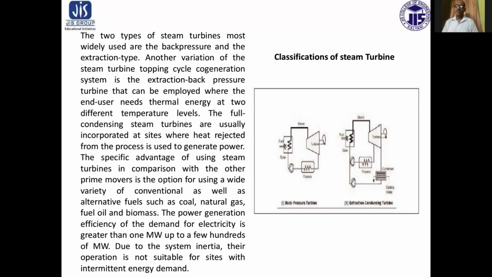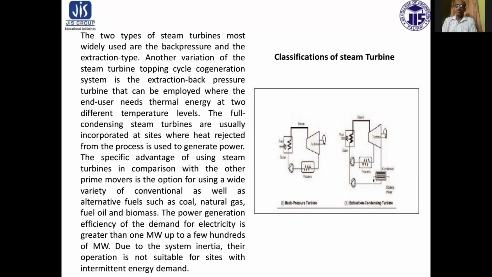Now, here are shown two types of steam turbine, one is the back pressure type and another is the extraction condensing type. The two types of steam turbines most widely used are back pressure and extraction type.